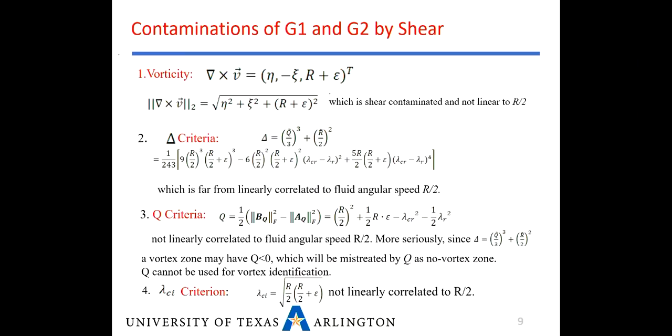This is a mathematical relation formula. Even the normal CI is less contaminated, but it still has shear here. This is, I think, anti-symmetric shear, even for normal CI.